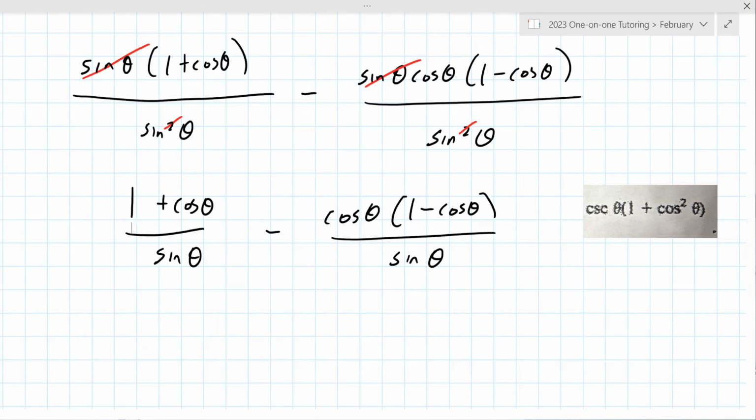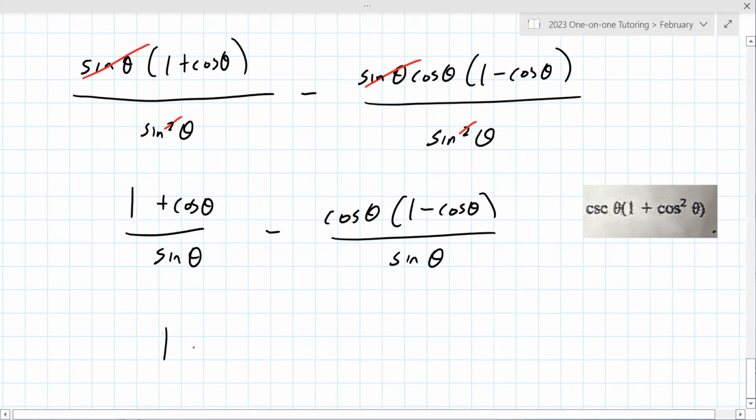I know you have to get rid of the denominator somehow. You just combine them. Plus cosine theta minus cosine theta times one minus cosine theta.